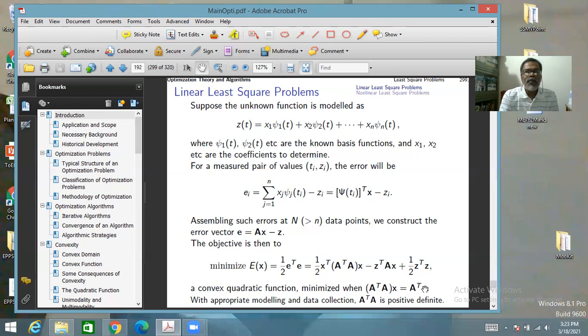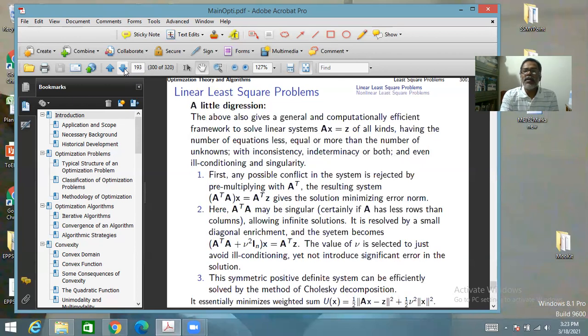And this method, on the way, also gives you an interesting solution to linear systems in general. Look at this carefully. A general and computationally efficient framework to solve linear systems Ax equal to z of all kinds, having the number of equations less than, equal to, or more than the number of unknowns.